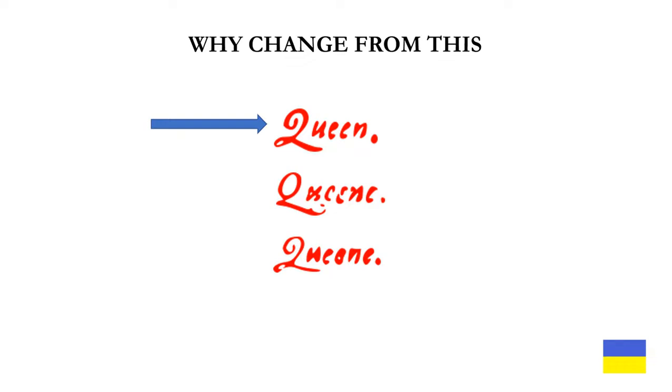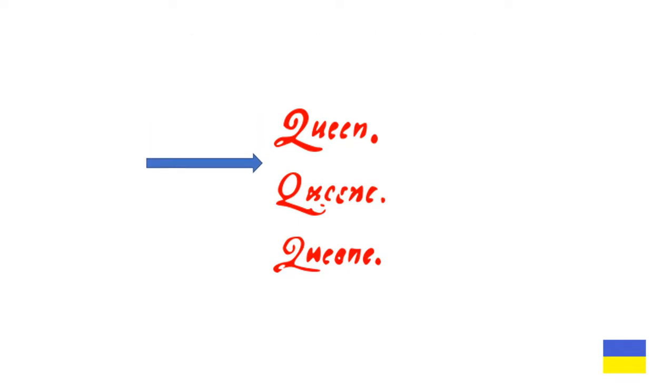Why change from this fancy Q with the tail to this not so fancy Q, also with the tail?